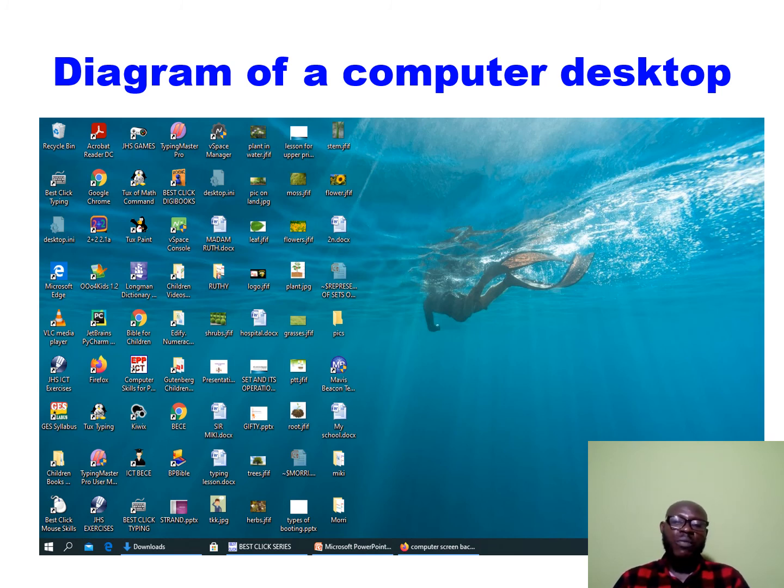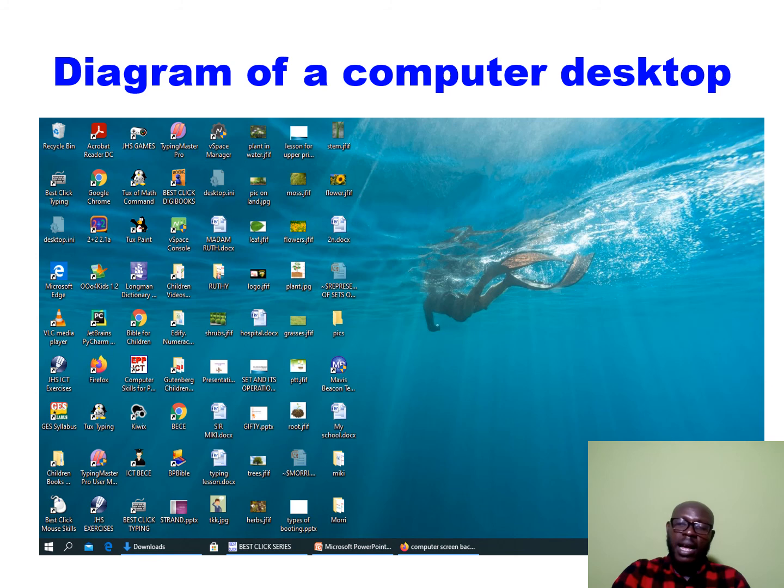Good. Now this one becomes a typical diagram of a desktop. So a diagram of a desktop. Now on the left hand side, you see icons. On the right hand side, that becomes an empty background of the computer desktop. Now it is painted blue, correct? It is painted blue, as you can see it over there.